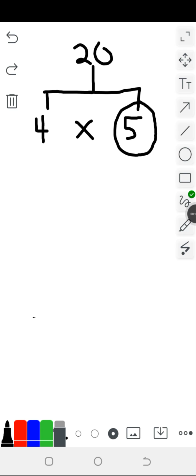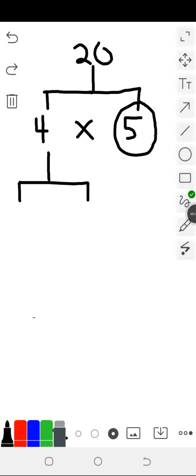But I can still break down the other number, 4, into prime factors. So I'll form another branch for 4. What numbers would I multiply together to give me 4?